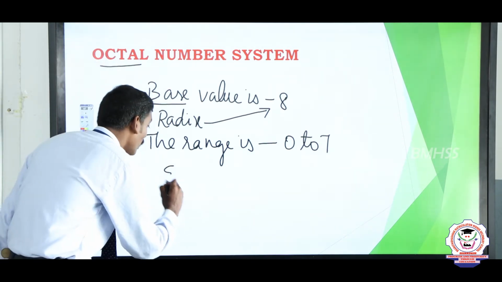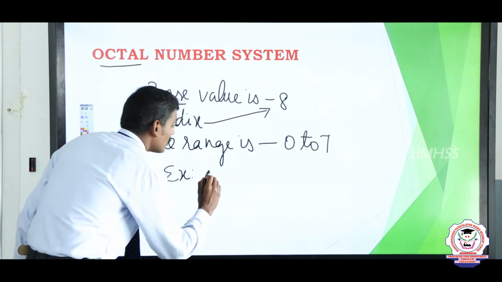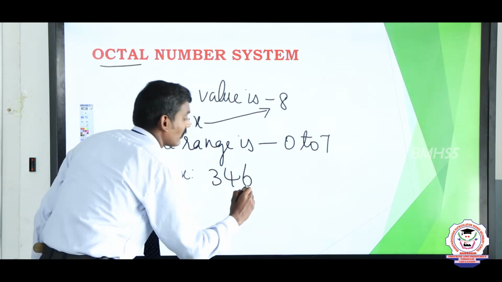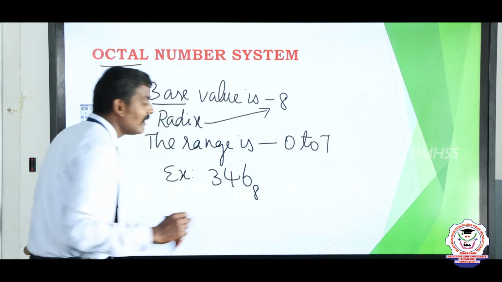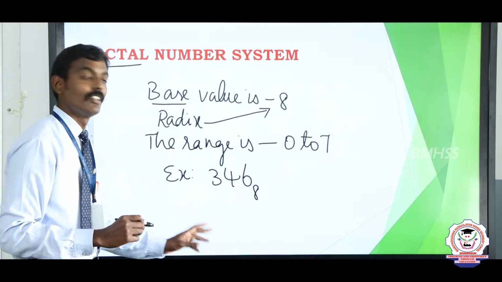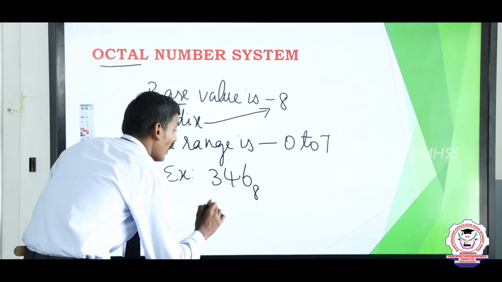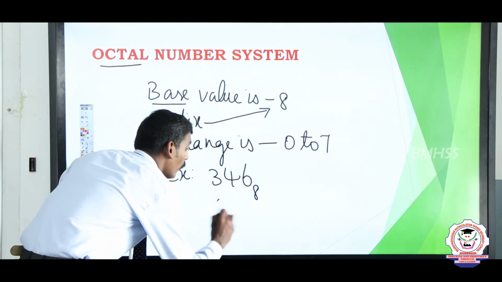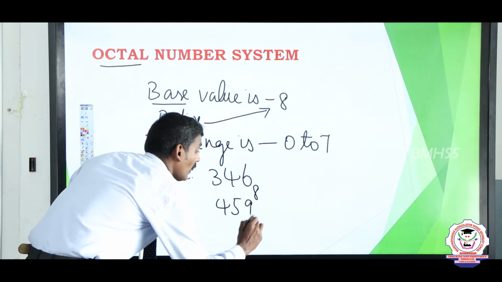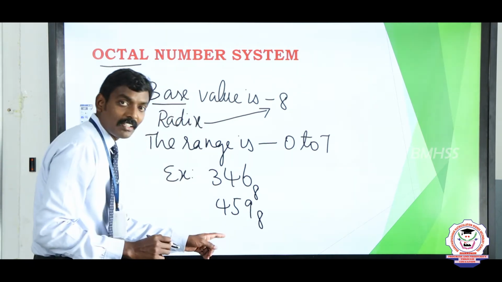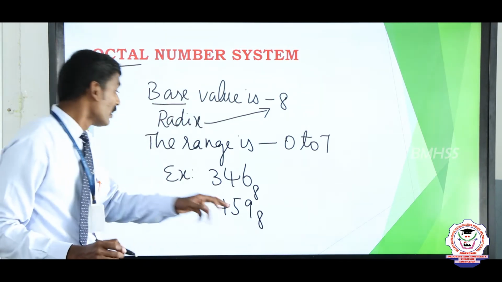For example, 3, 4, 6 base 8. It is a correct example of the octal number system. Another example, 4, 5, 9 base 8. Is it correct? No. Why?